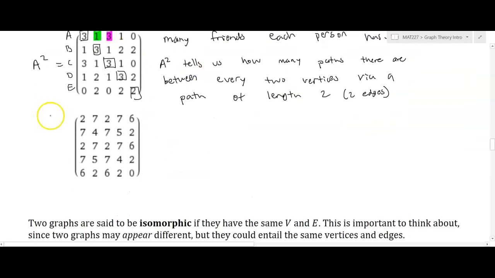Now you guessed it, A cubed, the diagonals are not going to really tell you anything of value in this case. But A cubed tells us how many paths there are between every two vertices of length 3, so 3 edges. So there are 2 ways to get from Ann to Carl in a path of length 3.